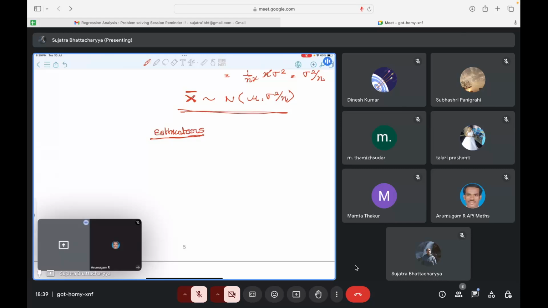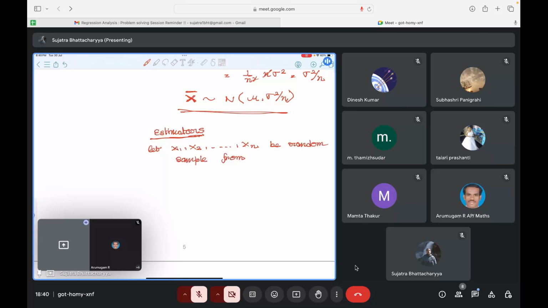Let us define and see what I mean. Let x1, x2 up to xn be random samples which you have collected from a data survey or something, a random sample from a distribution.